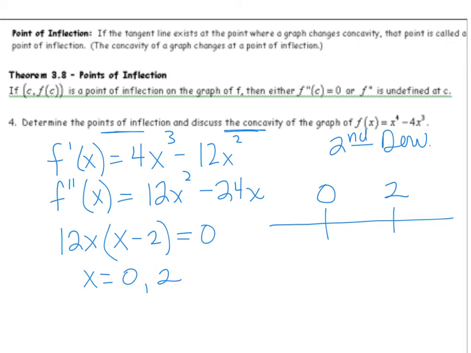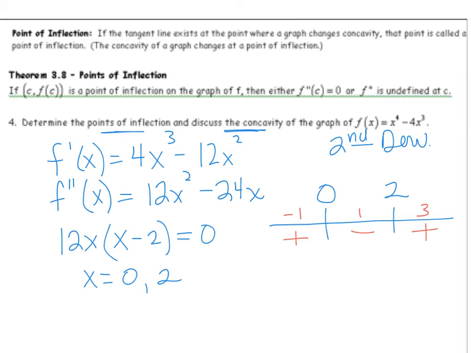So I'm still going to find test values here, and put those back into the second derivative. If I put a -1 in here, that's going to be positive. When I put the 1 back in, I get negative. And when I put a 3 back in, that's also positive.